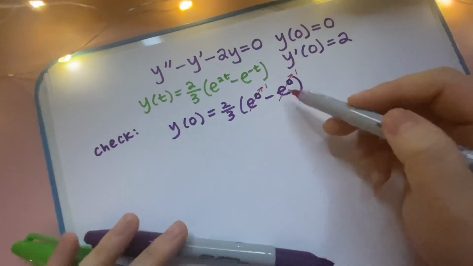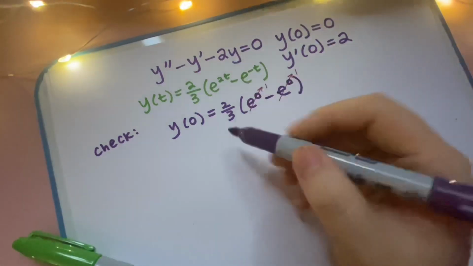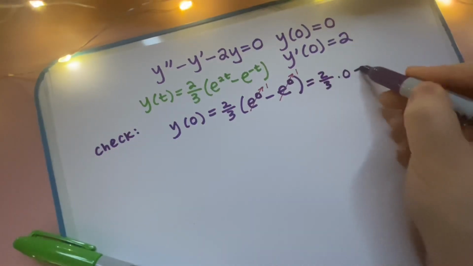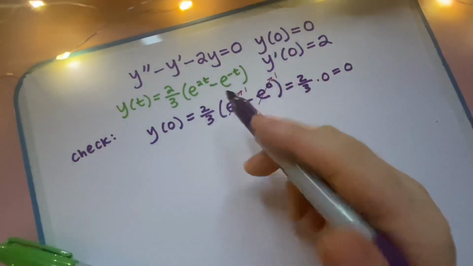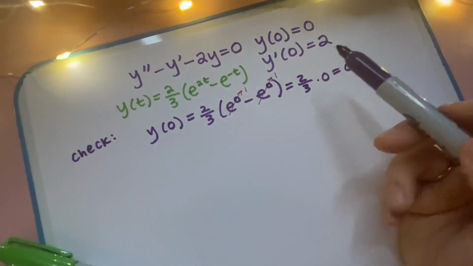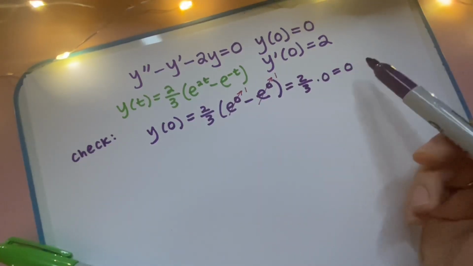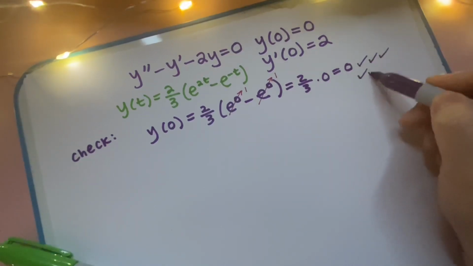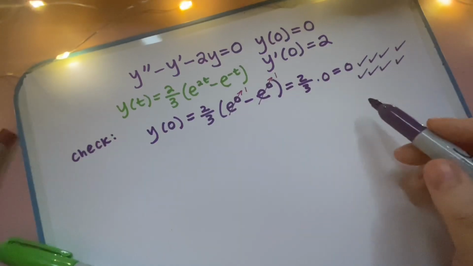So these are each 1. So 1 minus 1 is 0. So we have 2/3 times 0, which is indeed 0. And we're just following the order of operations here. Everything inside the parentheses first. So 1 minus 1 is 0. 2/3 of 0 is 0. So that is very good. And it doesn't hurt to give us some extra check marks when we need it, right?